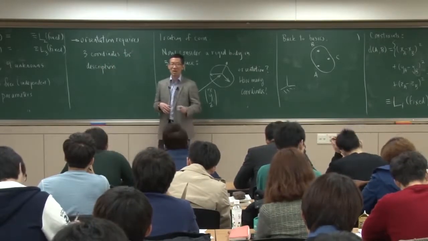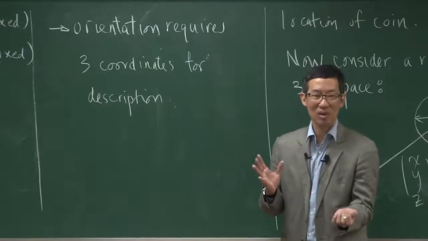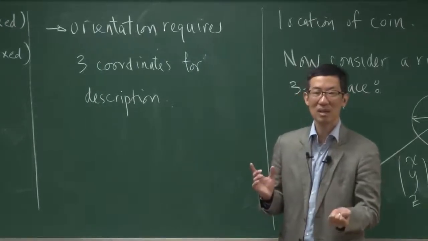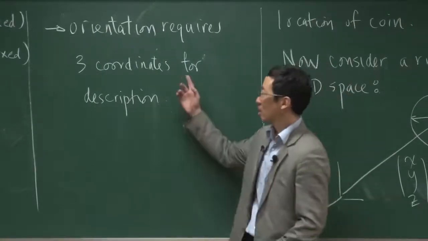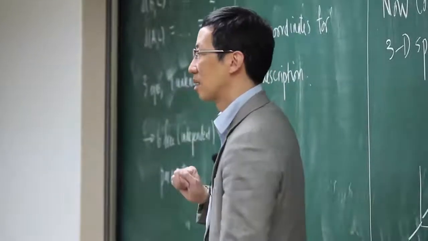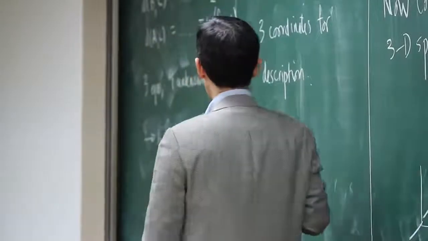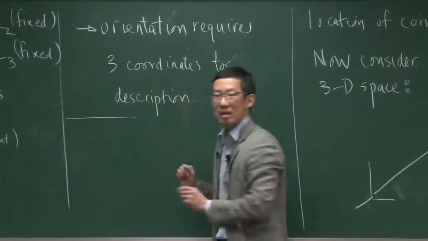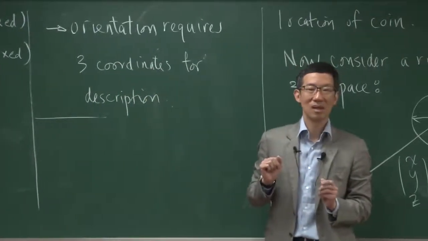I haven't told you yet how to choose those coordinates. There are many ways to do it, but the important thing we know is that we need 3 to describe the orientation. Any questions?